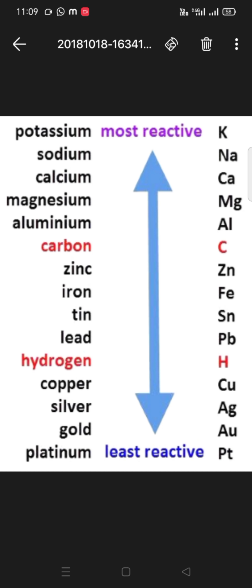So they are the stable ones. Then in the middle, between the metals and non-metals, you are going to find the metalloids. The metalloids possess the properties of metals as well as non-metals. So they are in the center, they are metals as well as non-metals.